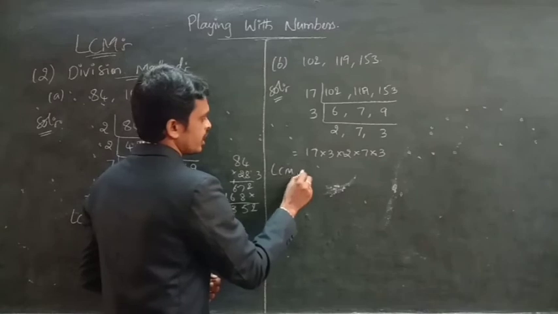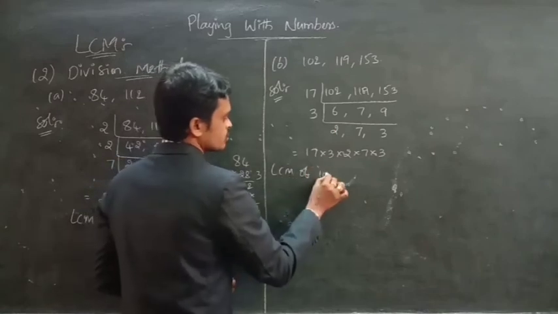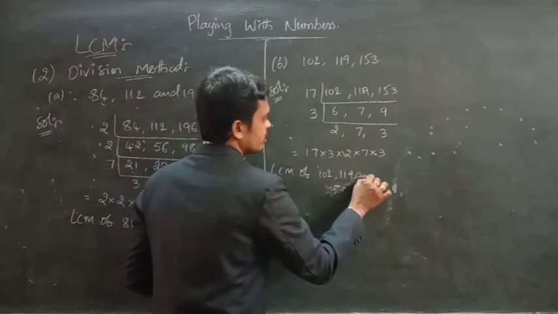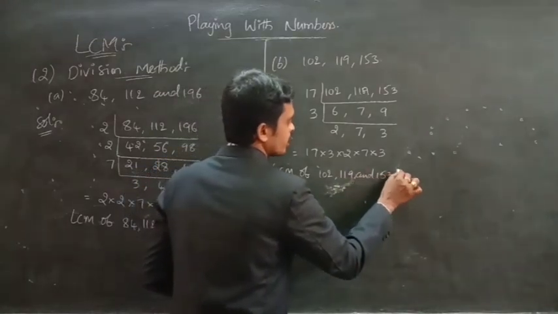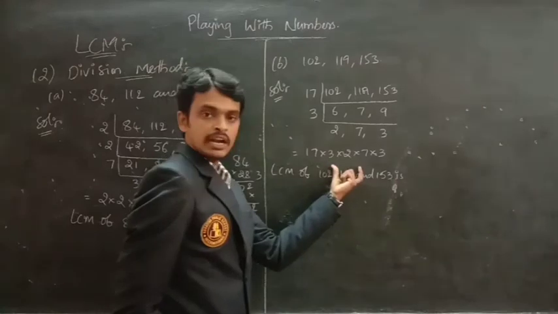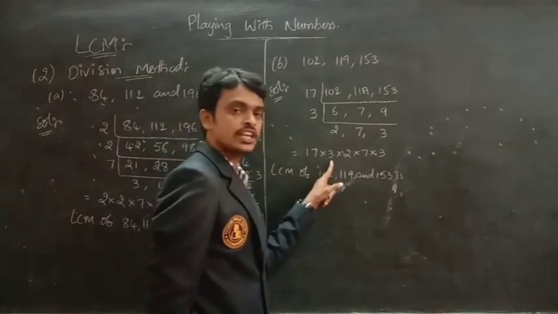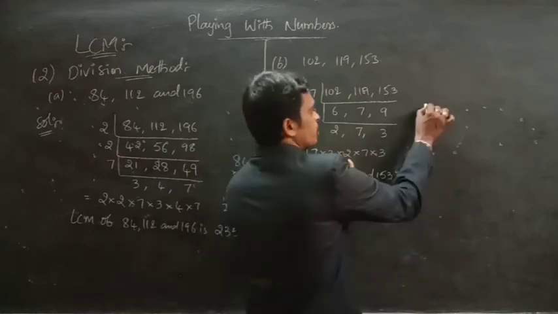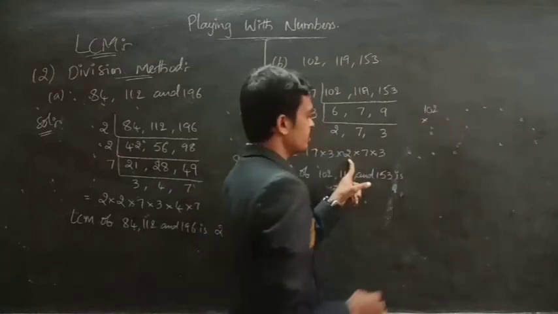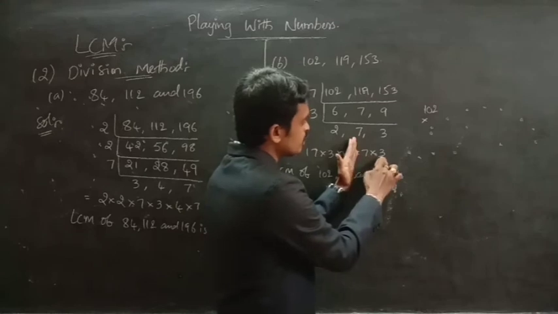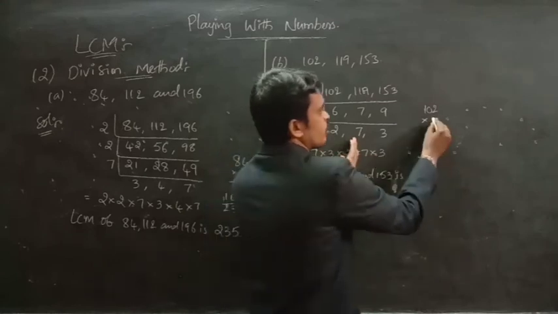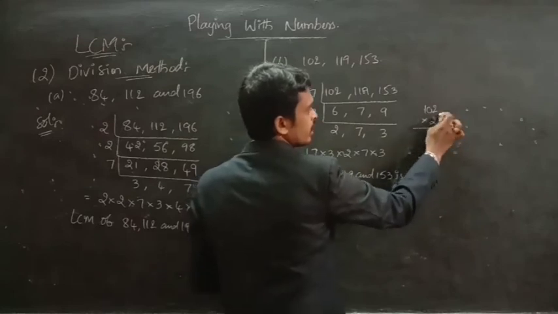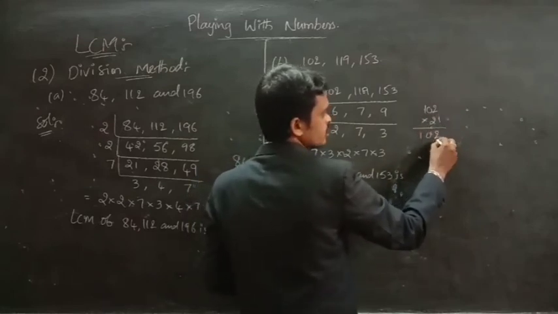Now the LCM of 102, 119 and 153 is, let us multiply these numbers. 17 threes are 51, 51 twos are 102. So 102, again we are getting a big number. So let us multiply these two numbers. 7 threes are 21. So we multiply with 1. Then we write these numbers as it is.